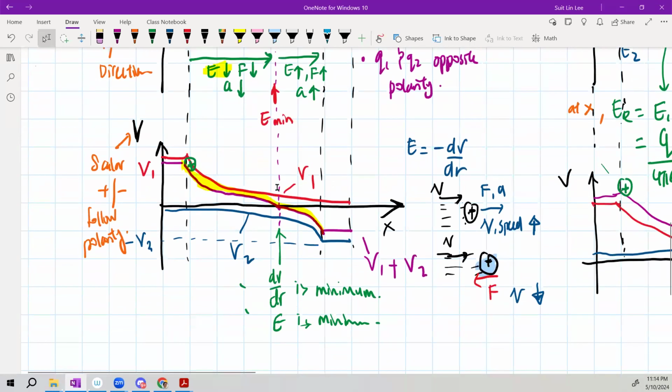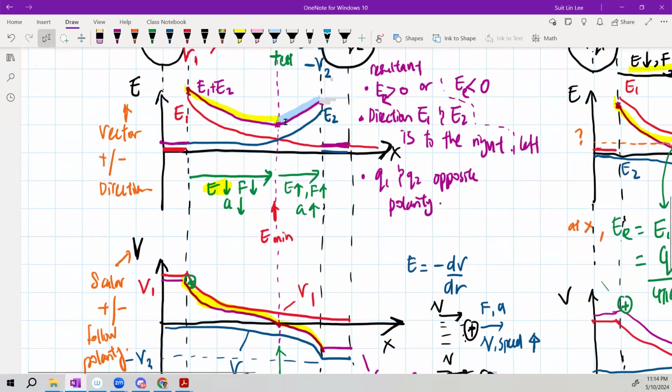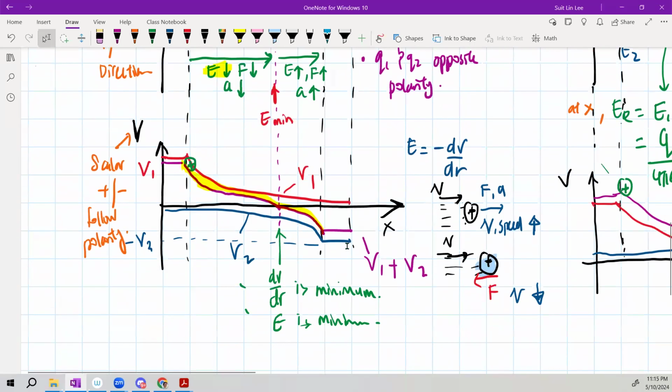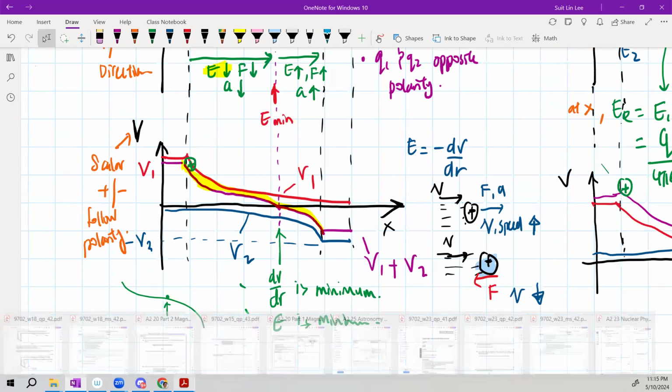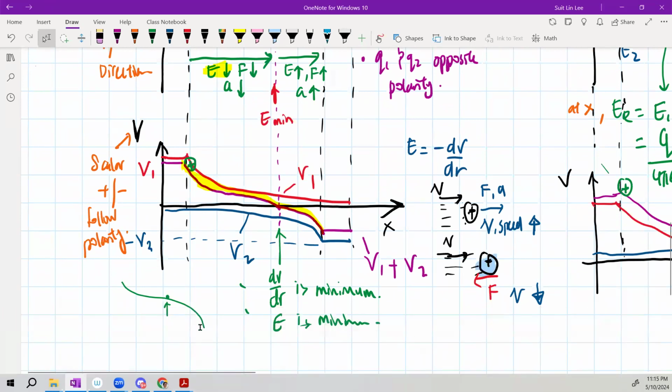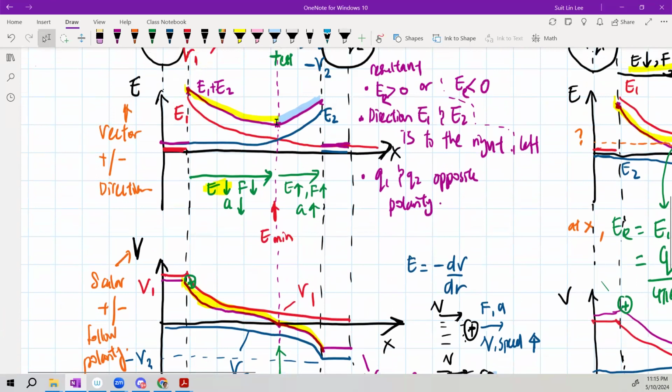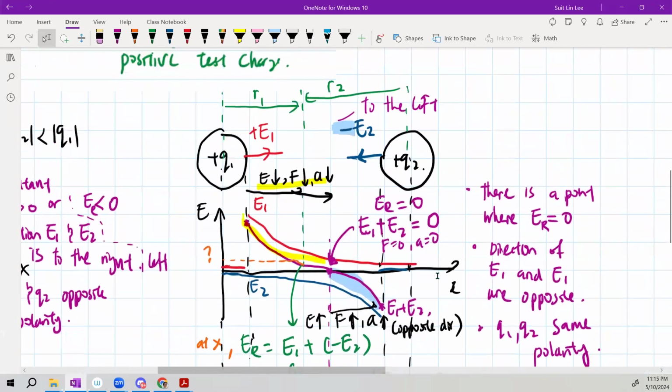The gradient underneath will give me the E graph. So at this point, at the inflection point, the curvature of the graph is like this. So at this point, dV/dr is minimum. The electric field strength is minimum here. Okay. And then for this one, the reverse will happen. No?